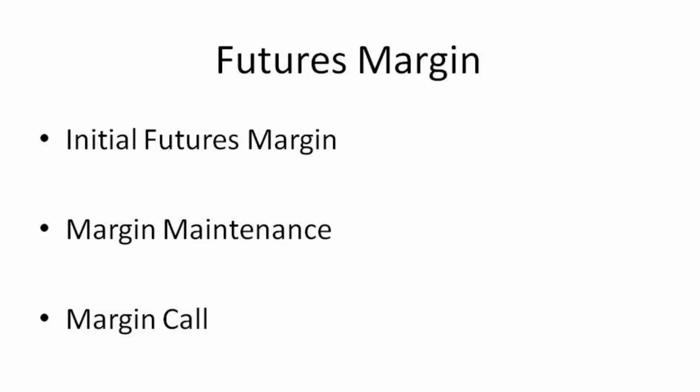So what has to happen is that the margin has to be maintained. It has to be topped up. So on a daily basis, usually, if you are losing money on your futures position, you have to keep topping up at the end of day in order to maintain margin at the maintenance margin requirement.